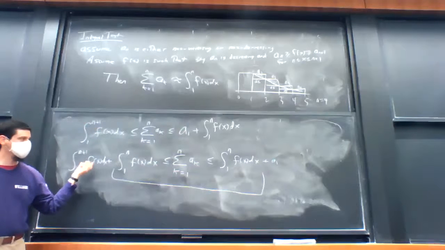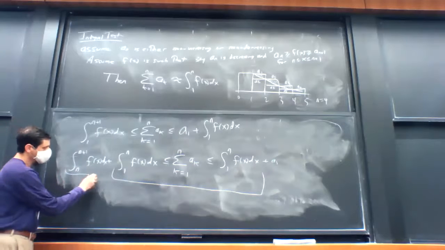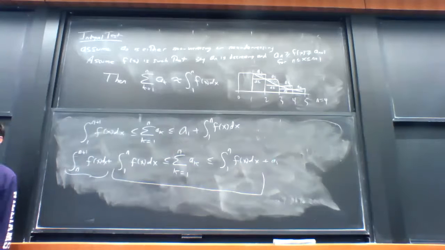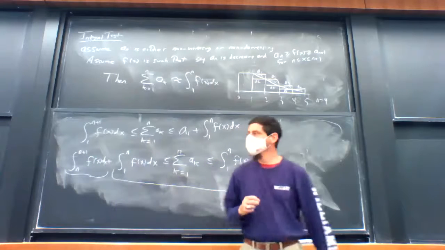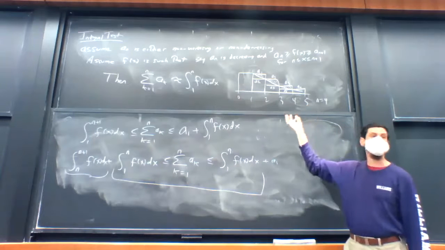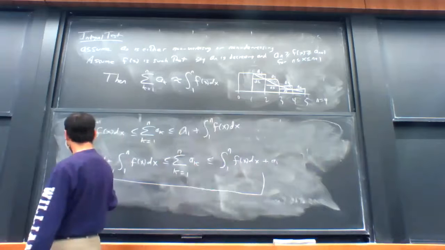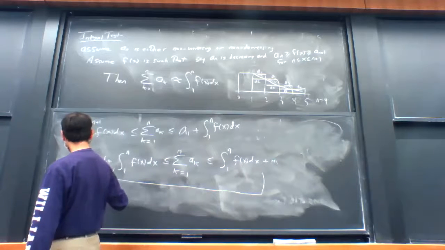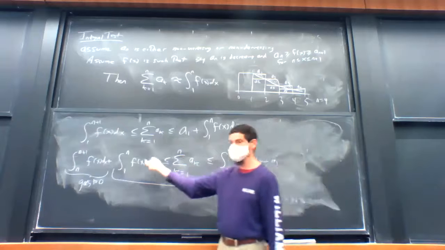So what does this integral have to go to as n gets large? It has to go to 0 because we know f is getting smaller and smaller. So eventually, this has to be getting close to 0.